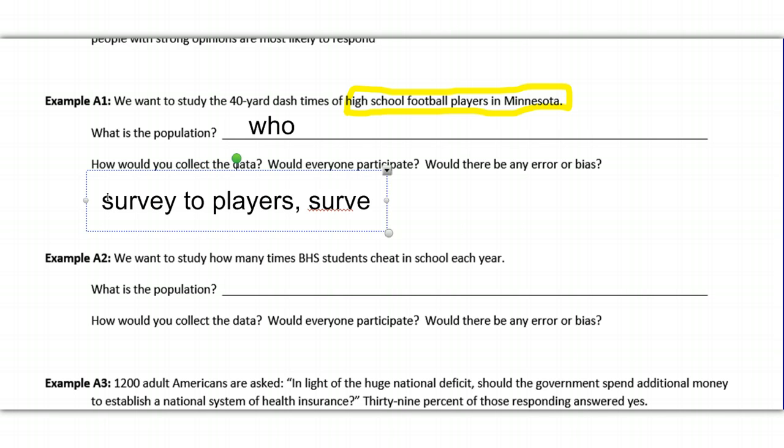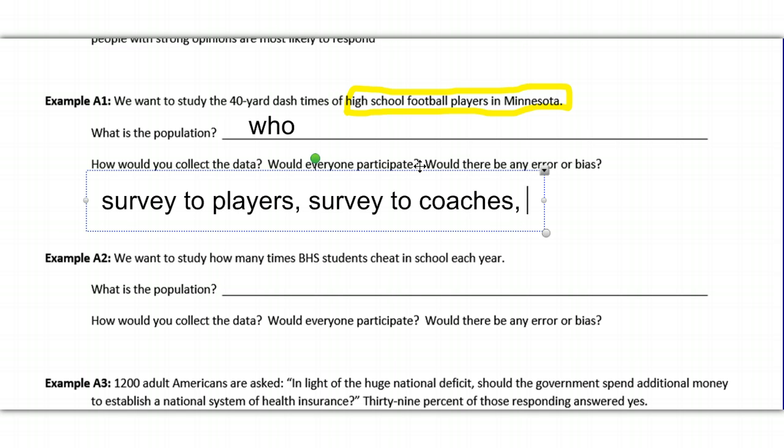Maybe you have a survey to coaches. But if you did that, would everyone participate? Probably not. I think a lot of them might miss the email, and it might not even be easy to find out how to contact all these players. They might not have contact information for every player, so there's a good chance that with this survey, they're going to miss a lot of people.